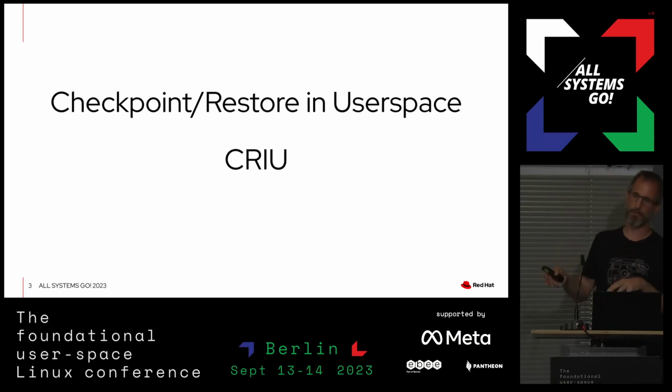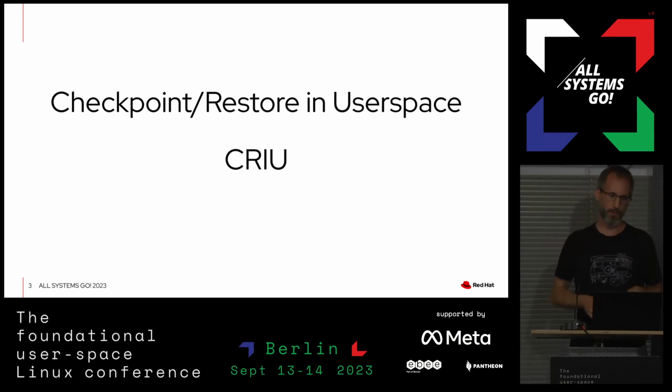There was an external kernel module helping with it. Then there was a lot of system call interception with LD preload. The problem with those approaches was that it was not completely transparent, because at the time you started your process, you needed to prepare the process to be checkpointable and restorable later.